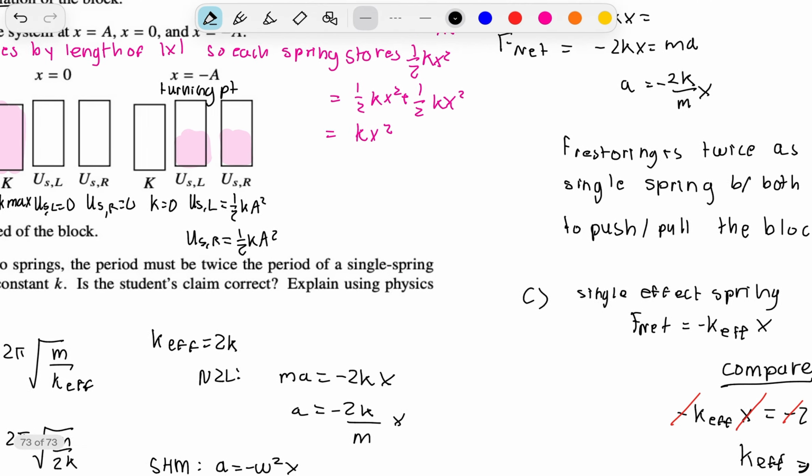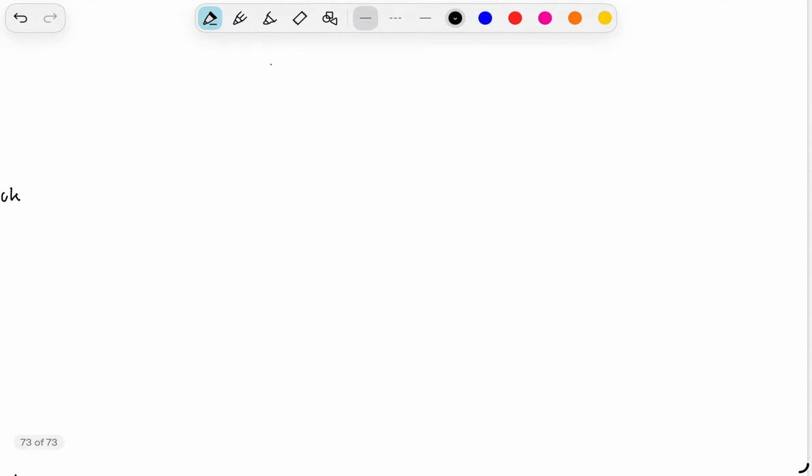Derive an expression for the max speed of the block. So we have energy conservation, no friction. So this is going to be x equals a, and this is x is equal to 0.